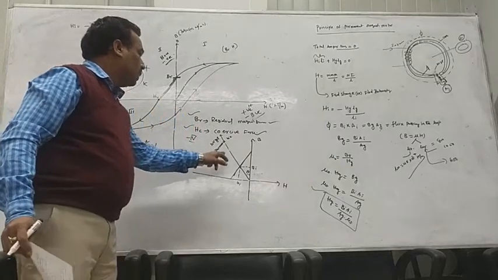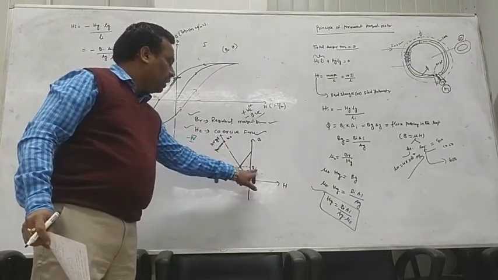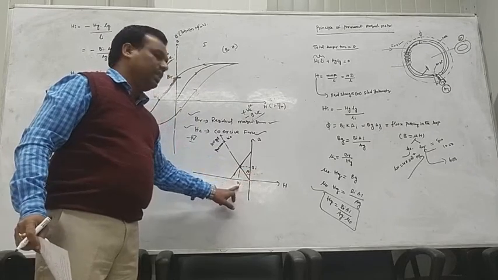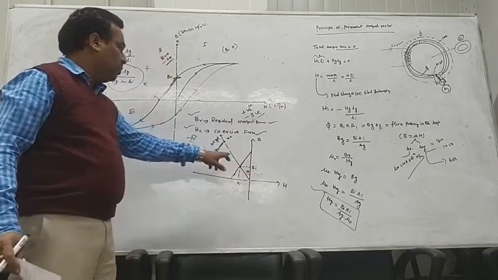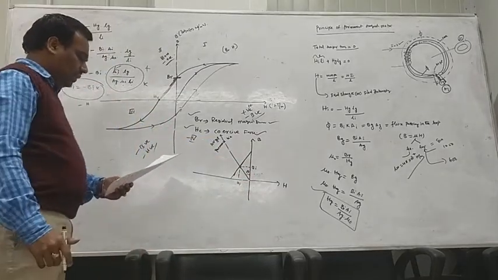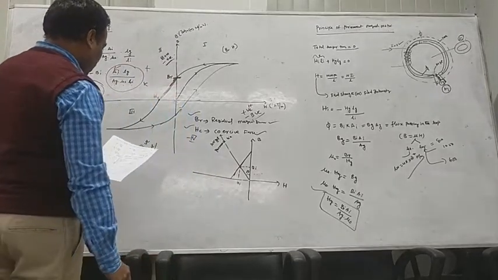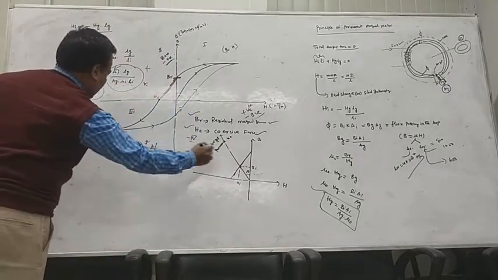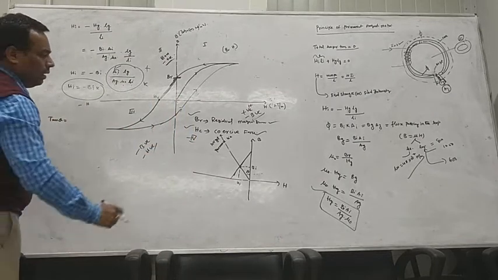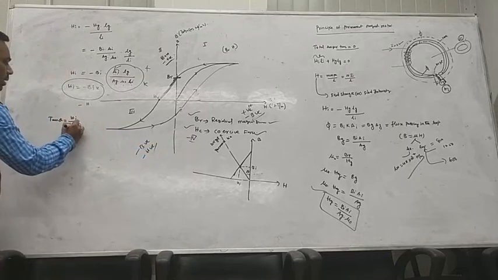This air gap permeance line will give the flux density and field intensity value, because I am representing the second quadrant operation. So this is the theta value. From this triangle, tan theta is equal to HI by Bi.